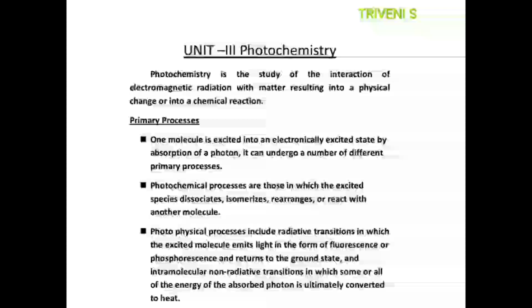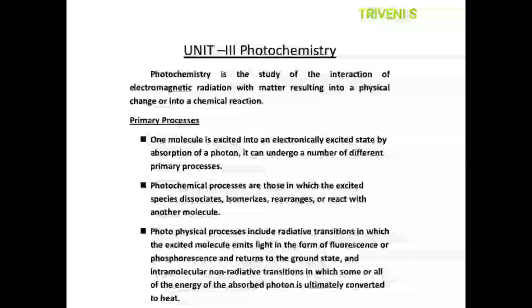Photophysical reaction has three types: fluorescence, phosphorescence, photoelectric effect. Chemical reactions may be catalytic change, or conversion of two gaseous molecules into two molecules of gaseous product while absorbing the light. We call it photochemical reactions.